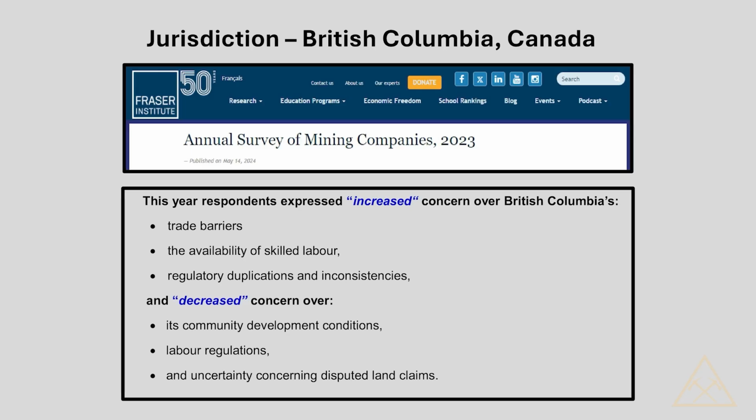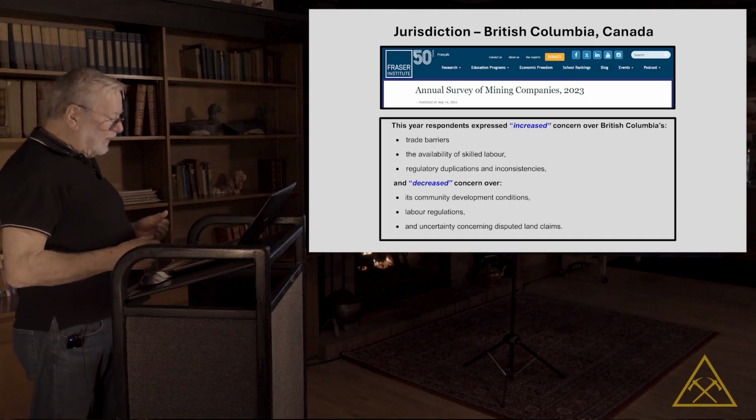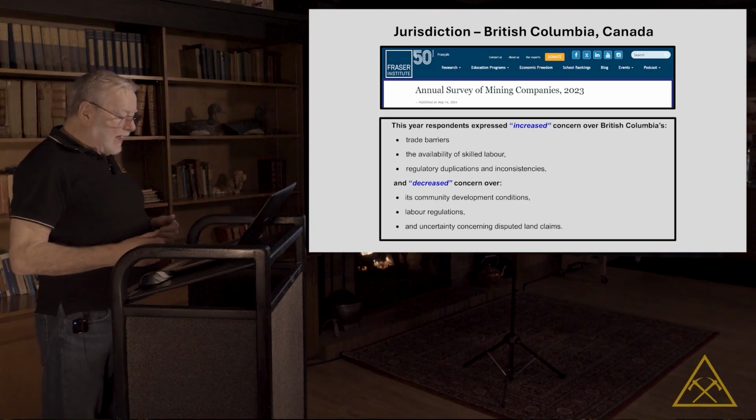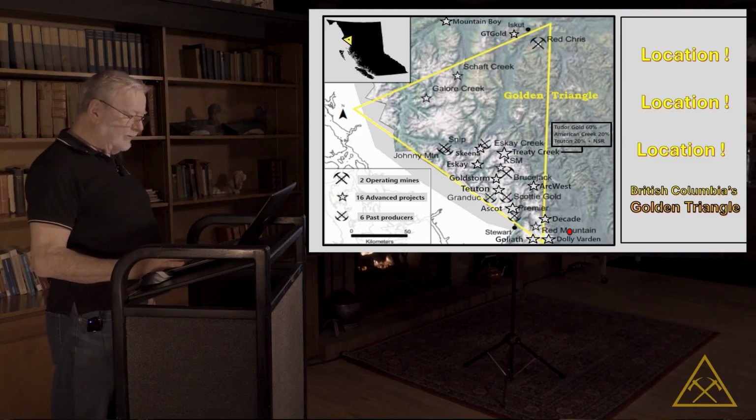And they had decreased concern or increased favorability in community development conditions, labor relations, and the uncertainty concerning disputed land claims. I mean, those are things that are being worked out, but the explorers and miners, they're focused on trying to develop a discovery or a resource.